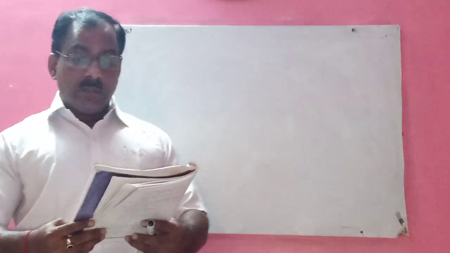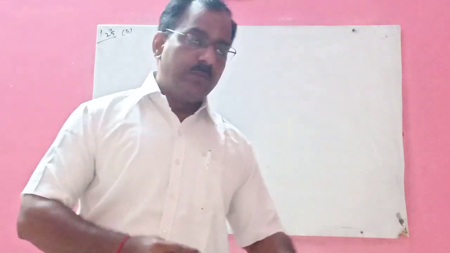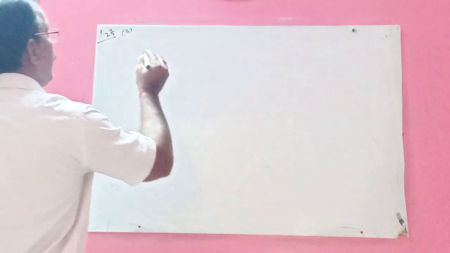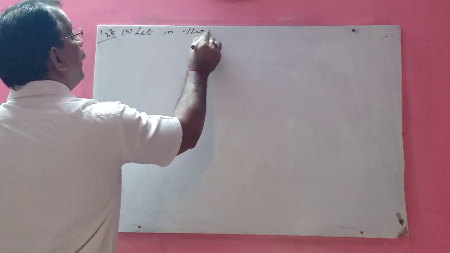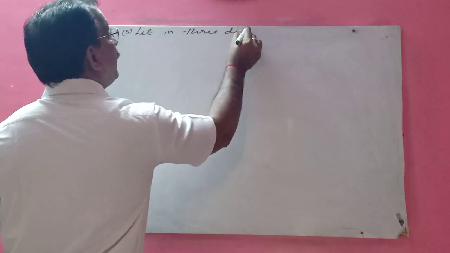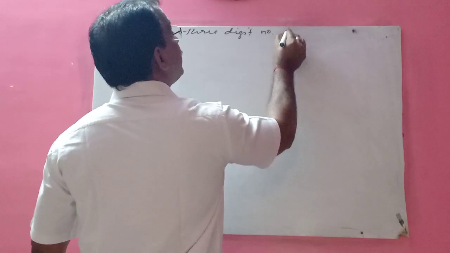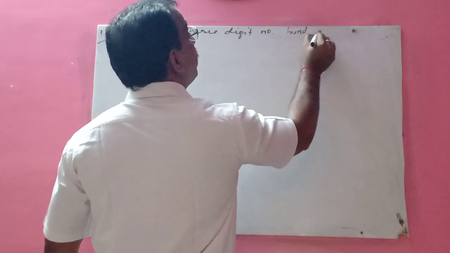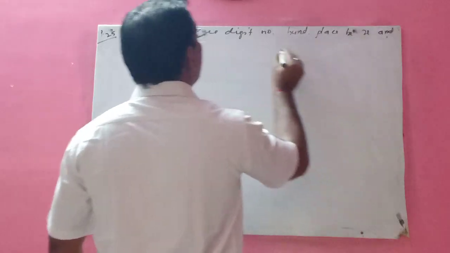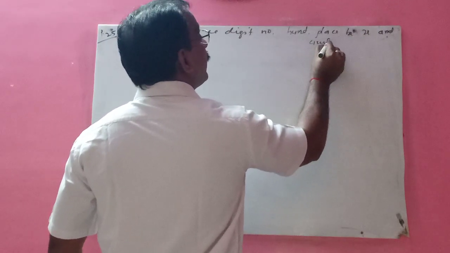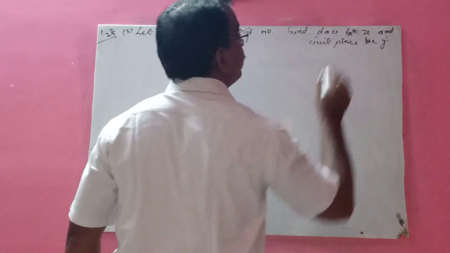We have to find out here the original number. What will be the original number? So what you will do in this case, children? First you write down here: let in the 3-digit number, hundreds place be x and unit place be y.